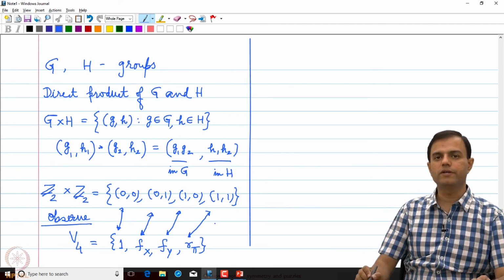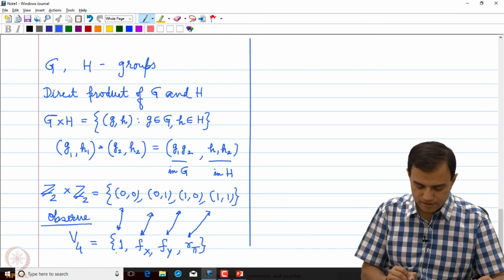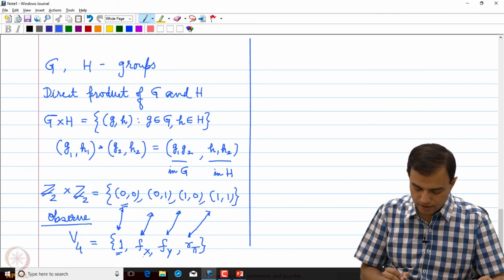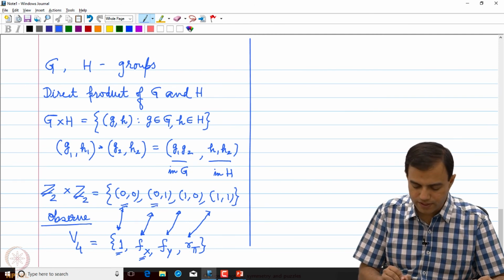In what sense do they correspond? This is the identity element here, this is the identity element here. This has the property that it composed with itself is identity, this also composed with itself is identity. Same is true here, same is true here, like this.